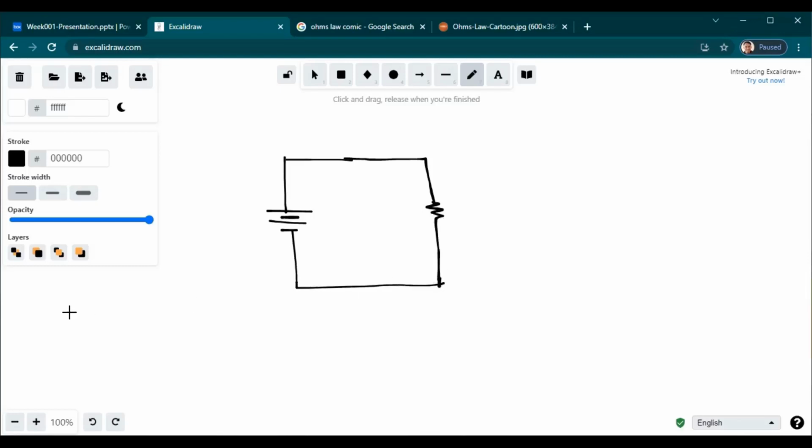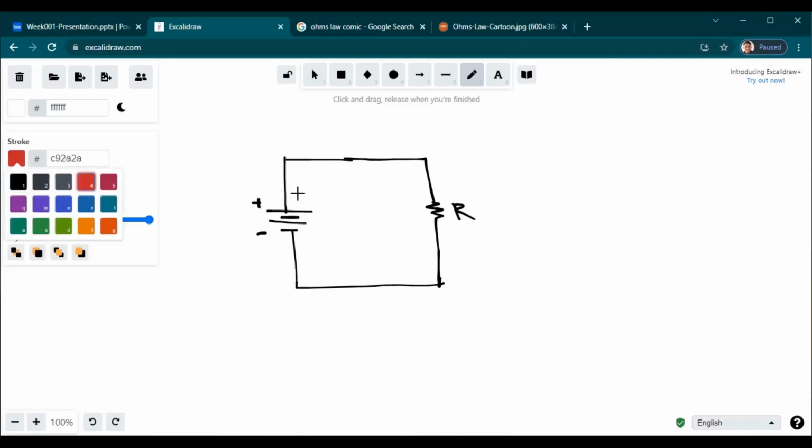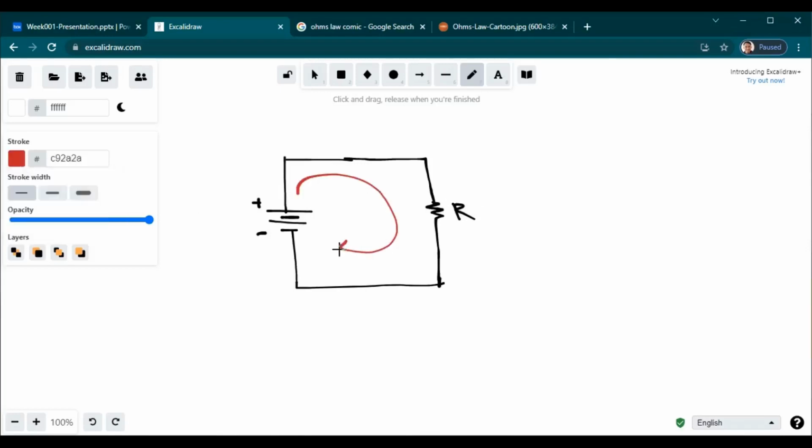So we have a complete circuit. When we say complete circuit, there should be a path from one terminal of the source to the other terminal of the source. So this is a voltage source. We have the positive and then we have the negative. We have our load here, which is a resistor, and in our circuit, we have the current flowing.